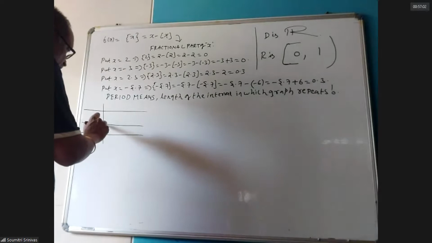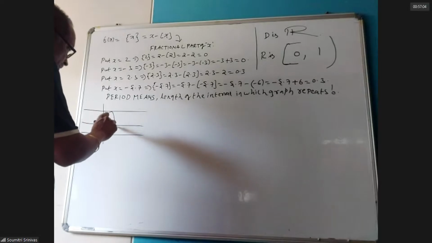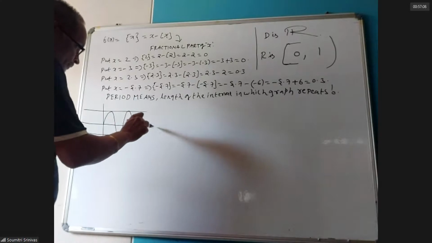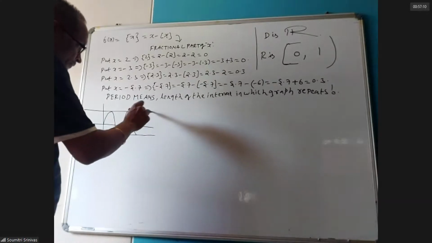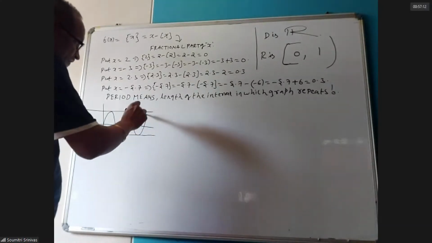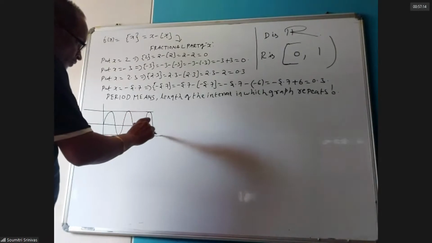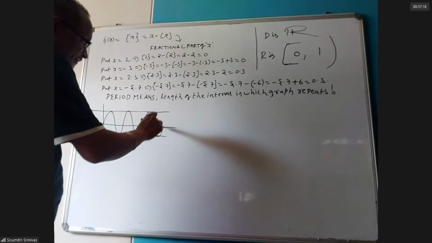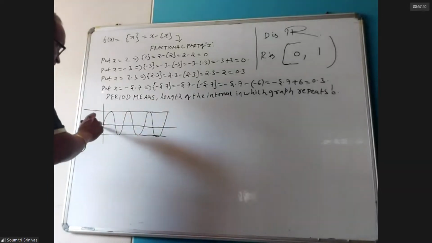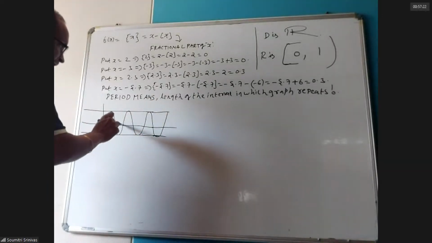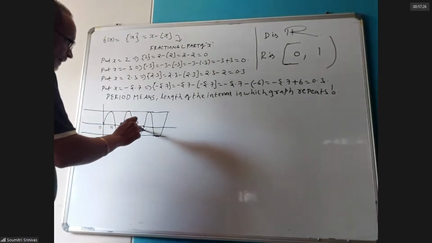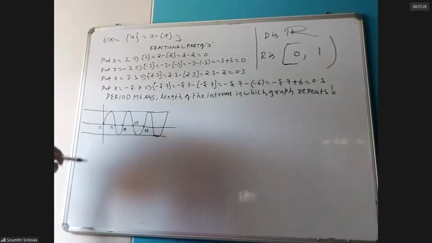Whose graph am I drawing? The graph of sin x. What is the length of the interval in which the graph repeats? 0, pi, 2 pi, 3 pi, 4 pi. Look here.